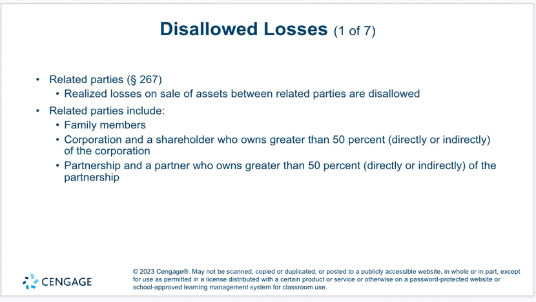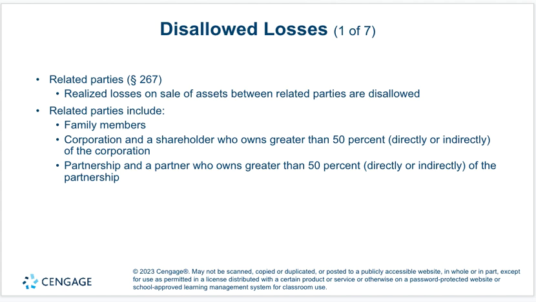Now we'll run through the disallowed losses. You're not allowed a loss for related parties. So when you sell or exchange property between related parties, if there's a realized loss on the sale of assets, it is disallowed.